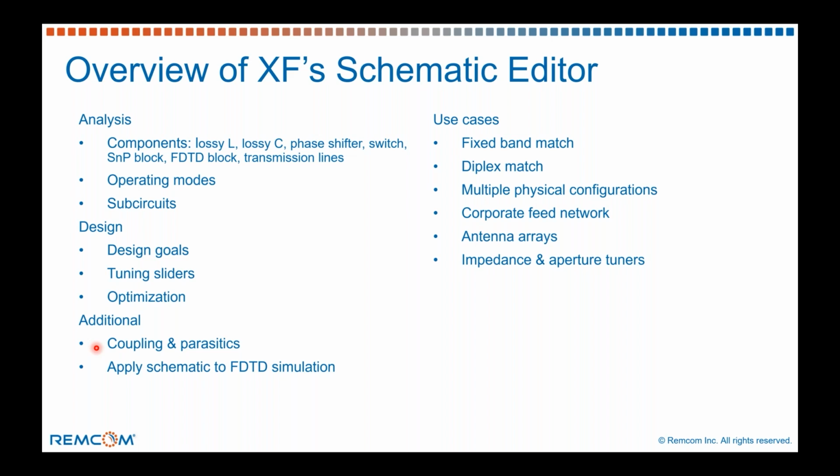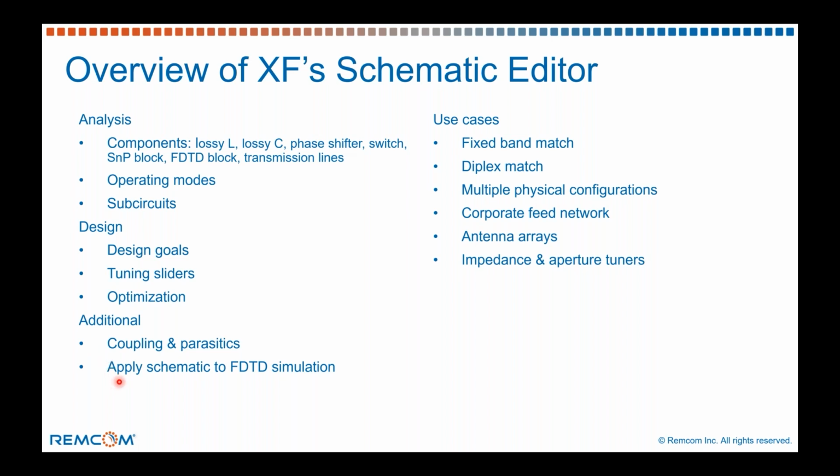And so there'll be copper traces and pads, and there'll be coupling between those structures as well as the antenna. So the ability to capture that coupling and any of those parasitic effects and consider that in your schematic is desirable, and we'll go over that and show how that can be done.